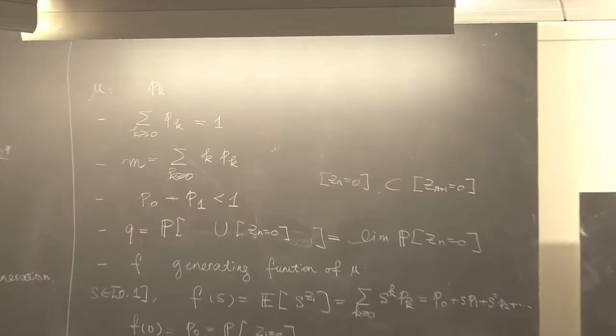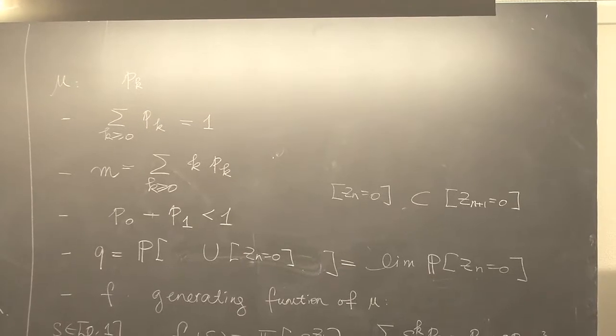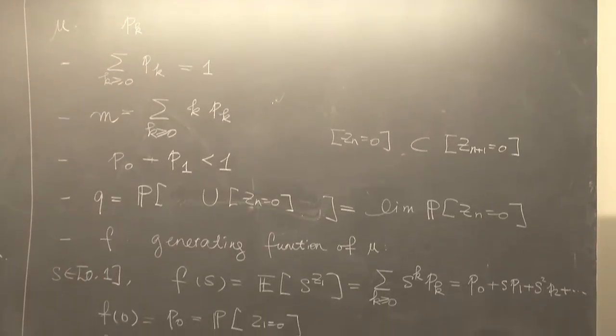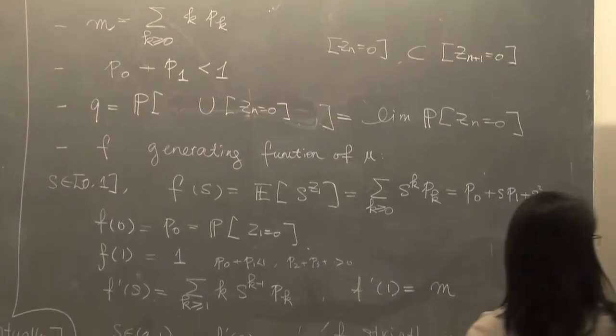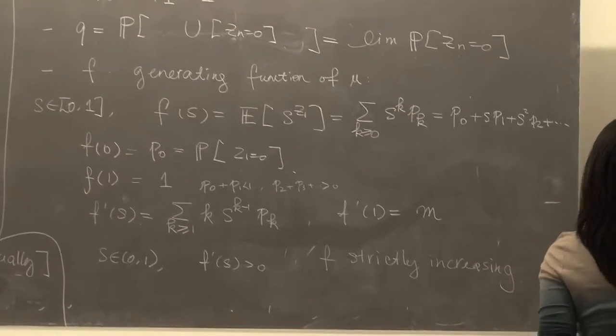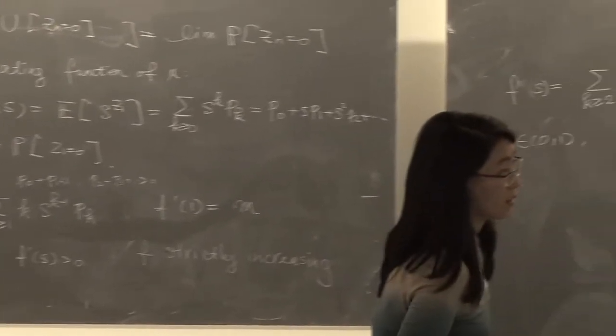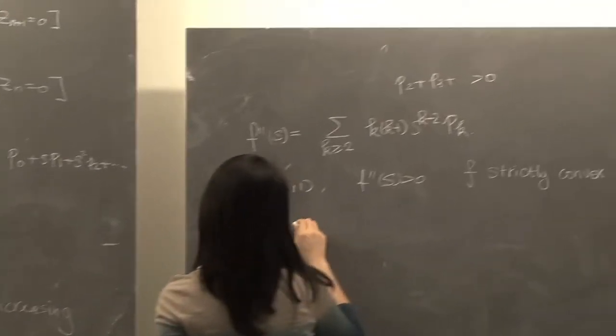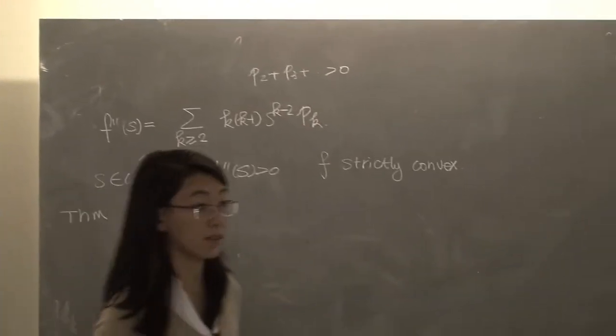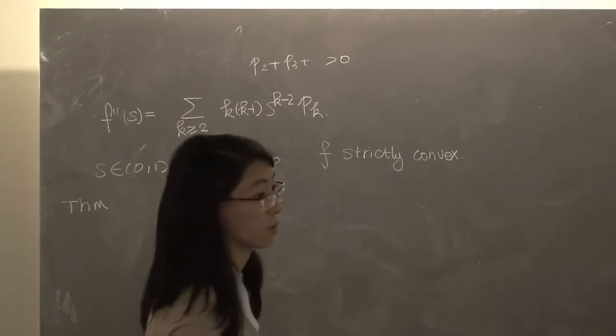And then we can answer the question we asked before. So the question is, we want to calculate what is the extinction probability. And the conclusion is the extinction probability Q is the smallest root of f(s) equals s. So it is the smallest fixed point.